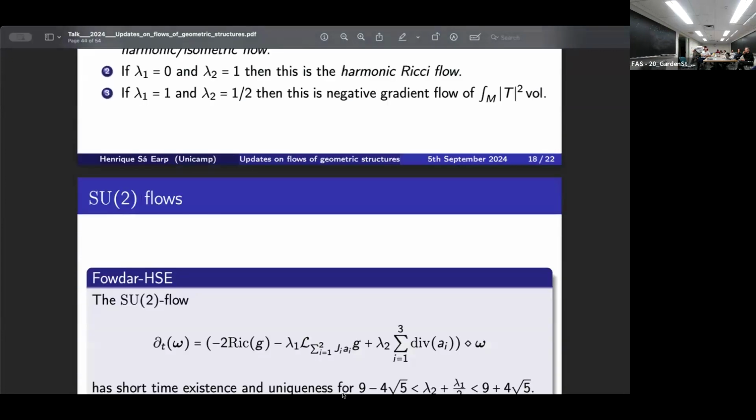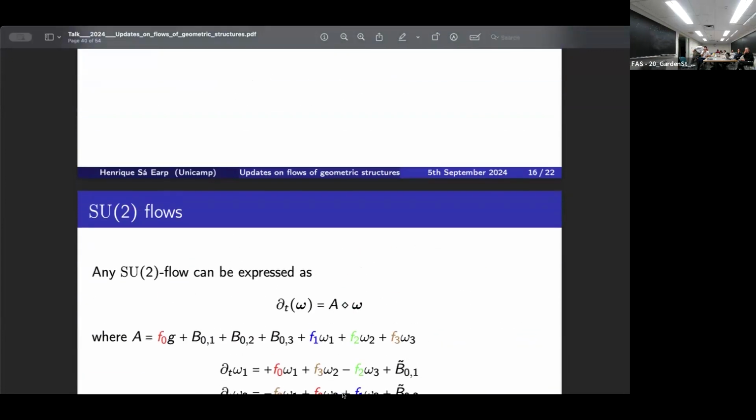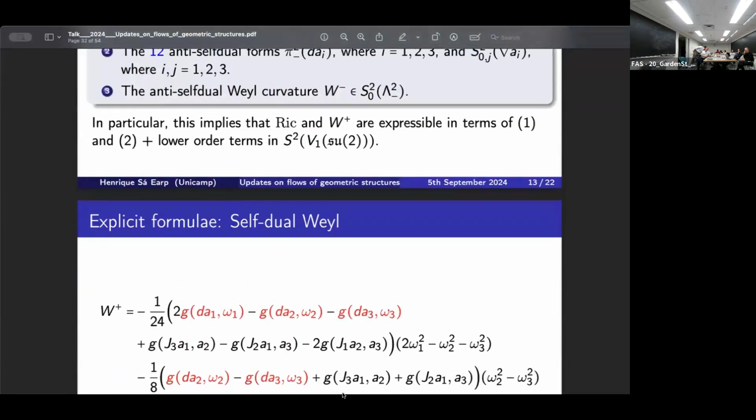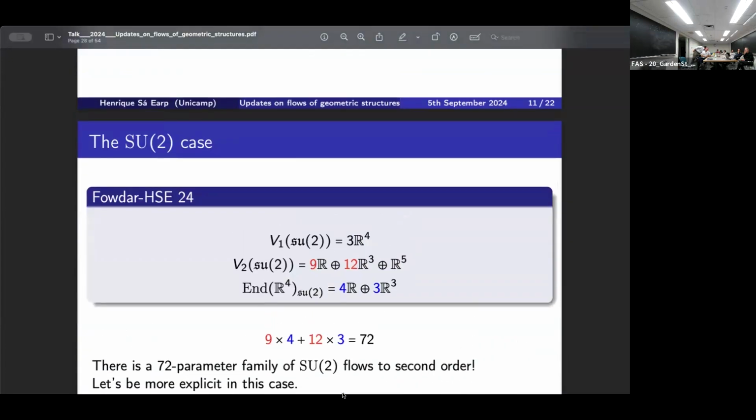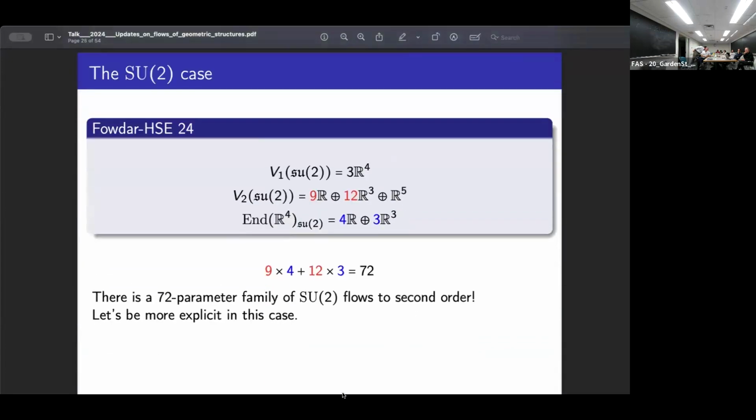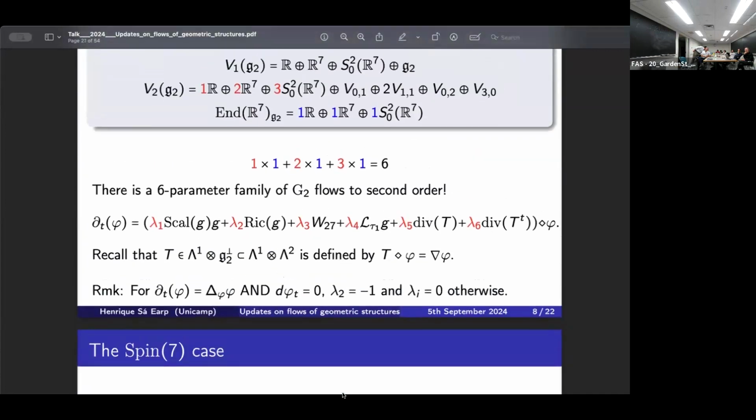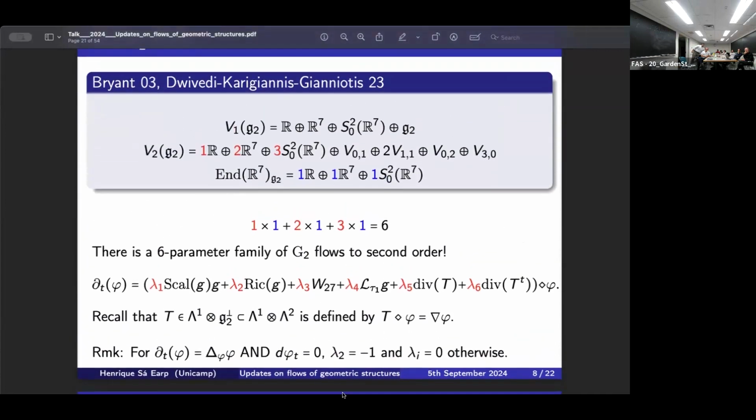I have the general equation for the flow of a G2 structure, right here. Let's pick the easiest case. This is the general equation, but if I pick everything to be 0 except lambda 2, I have the so-called Laplacian flow of a G2 structure.